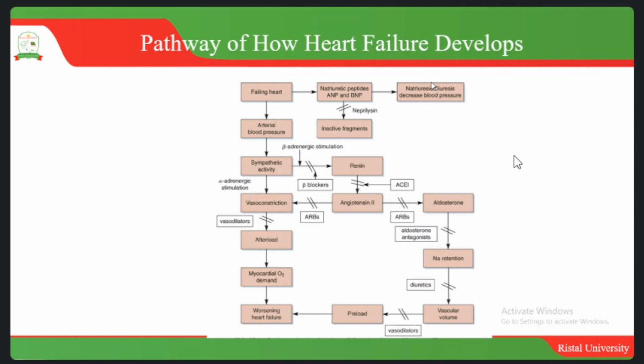So when you look at this, you can start from anywhere, but let's start from the renin production, and we can see the sympathetic activities. We said the heart is controlled by the autonomic nervous system, where you find the sympathetic and the parasympathetic nerves, and these nerves always end up producing some of the hormones that are responsible to control the functioning of the heart.